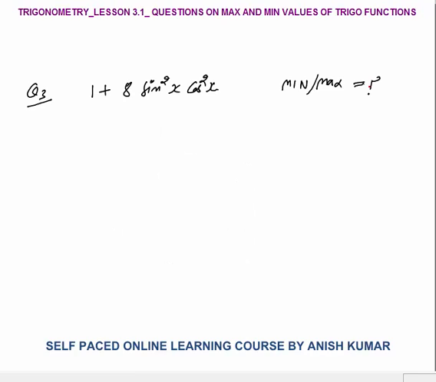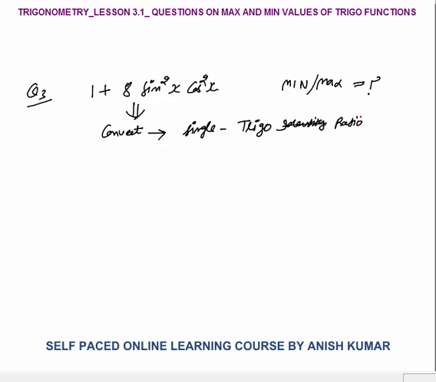Question 3 is find the minimum and maximum value of this function. You should first try to solve yourself, then look at the way I have solved. Now in all such questions like this, 1 plus 8 sin square x cos square x, we have to convert the expression into a single trigo ratio rather than identity.